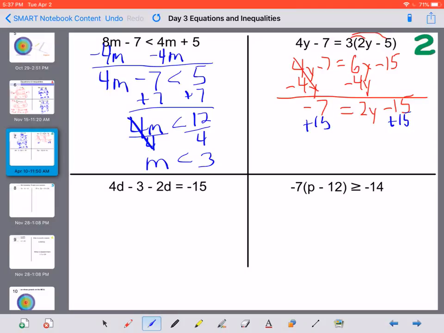What we do on one side, we need to do to the other. Negative 7 plus 15, that gives us 22. Or not 22, hold on. So negative 7 plus 15 is going to give us 8 equals 2y. Divide by 2, and y is going to equal 4.